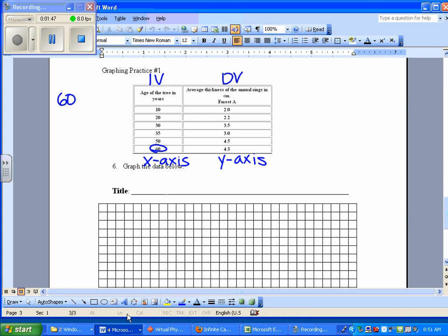If you count the x-axis, you'll find there are 30 boxes. So I take 60 and divide by 30. That gives me 2. So each box can be worth 2. This would be 2, this could be 4, and you'd go all the way up to 60.